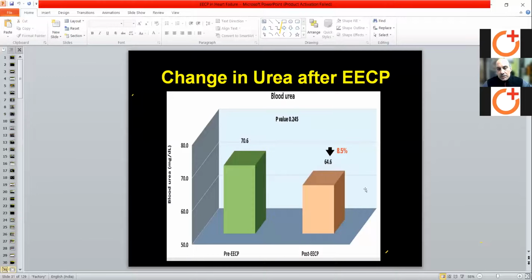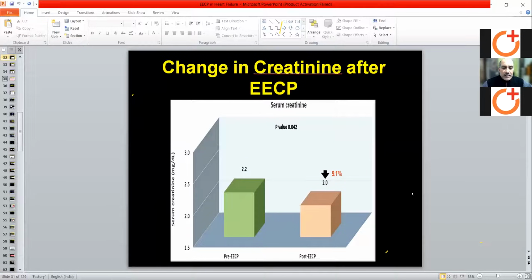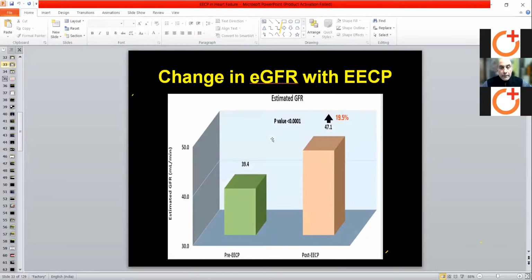It reduced to 64.6, but it was not statistically significant, but there was an 8.5% drop in urea. If you look at the creatinine, there was a 9.1% drop in creatinine, which was statistically significant in that small number, 74 patients only. EGFR, there was a 19.5% increase in the EGFR from 39 on an average to 47.